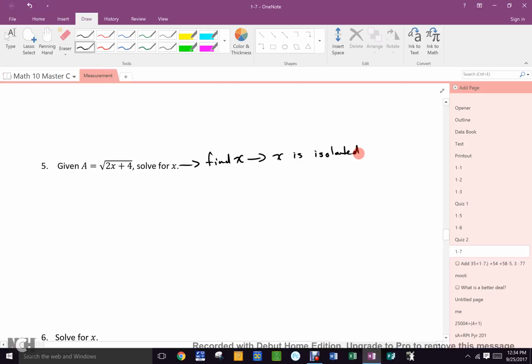Now, can I isolate x when I have no numbers? Yes. By doing what? Does math change when looks change? No. So let's have a look at this and I'll show you what I mean.